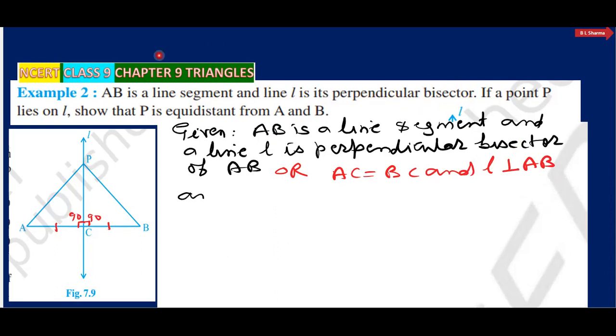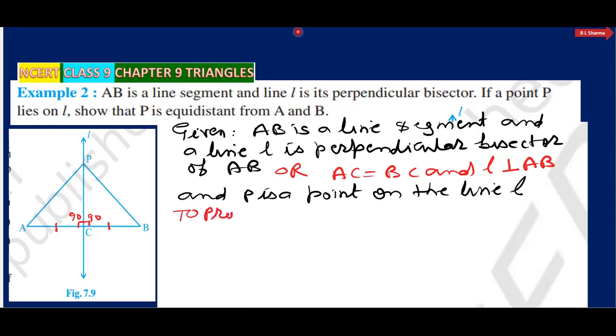and P is a point on the line L. देखिए ये जो आपका लाइन L है इस पे ये P कोई पॉइंट है। तो प्रूव, क्या प्रूव करना, देखिए, that P is equidistant.